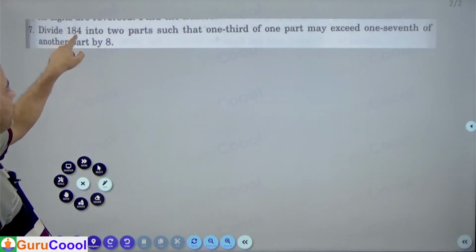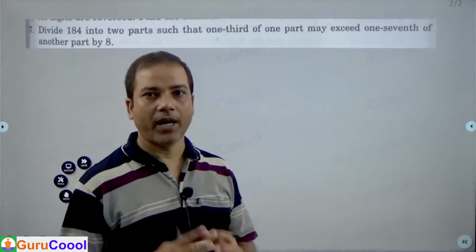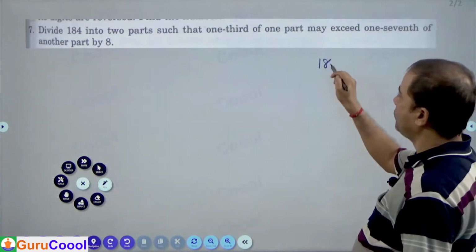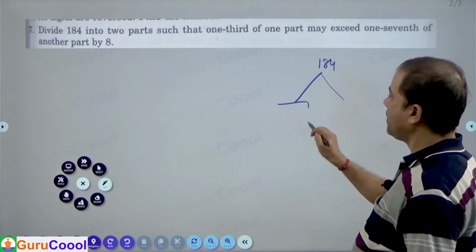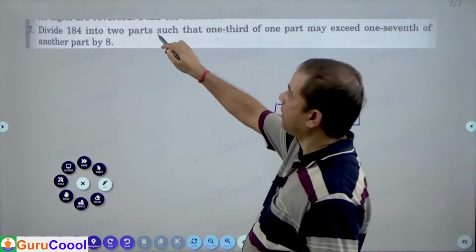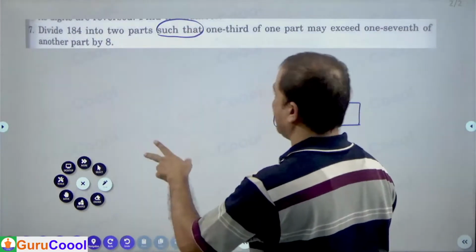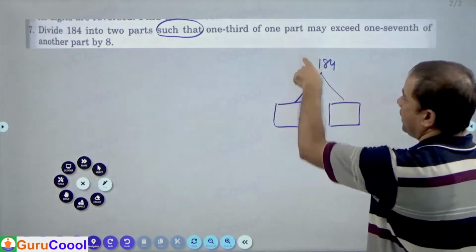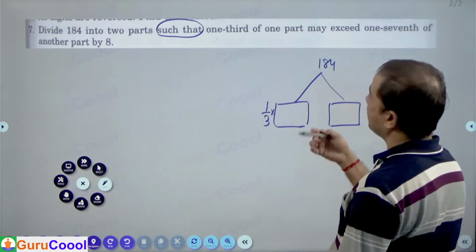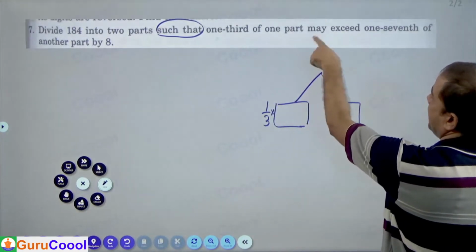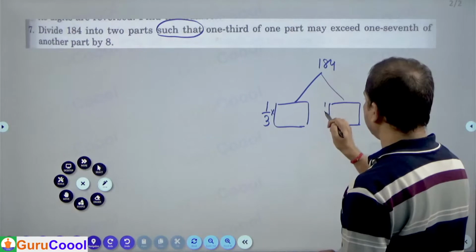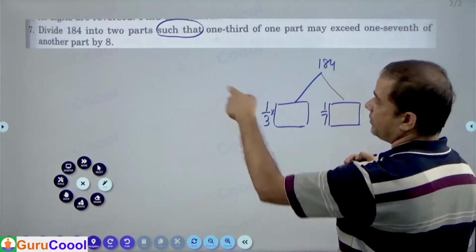Divide 184 into two parts. 184 will be divided in two parts, such that 1/3 of one part, if you make 1/3 of one part, it may exceed 1/7 of another by 8.